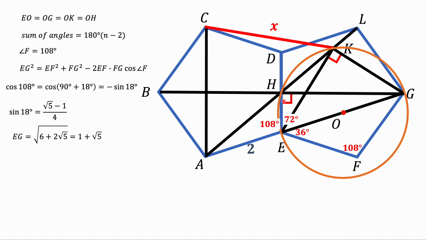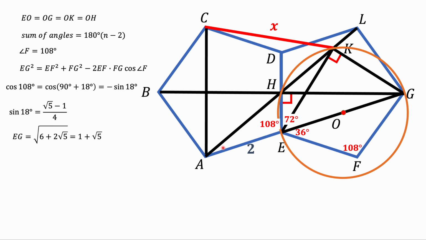But that's not a problem, because we can find the side AH using, again, law of cosines. In this case, we know AE, we know EH, and we know the angle between them, 180 degrees. And that's sufficient to find AH. And then we can use all the three sides to find cosine of this angle. So let's proceed.